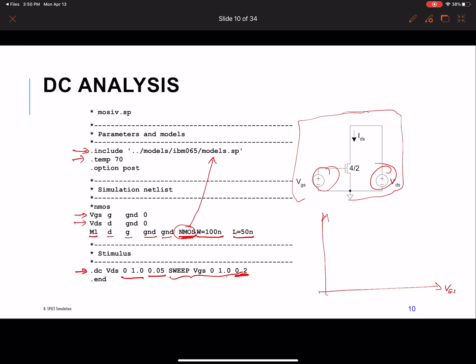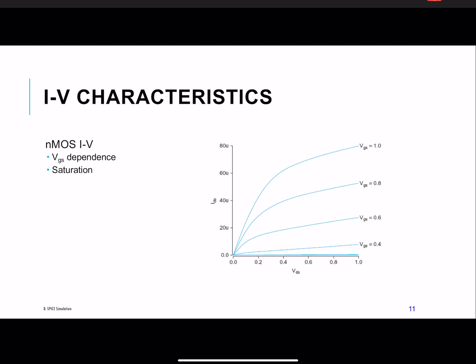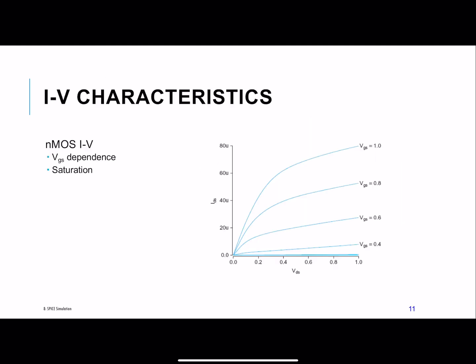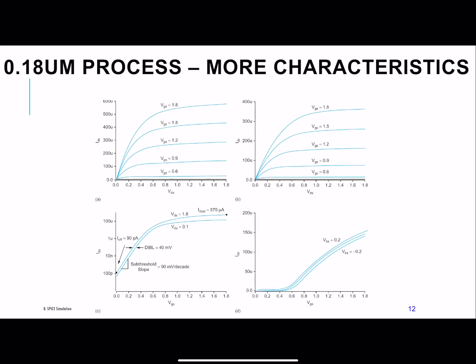So I'm trying to figure out if it's used for IDS versus VGS, which will be curves that would look like this, or whether it's for VDS versus current. Well, I guess it's for different VGSs for VDSs, okay? IV characteristics. So that was the first thing I was thinking of.